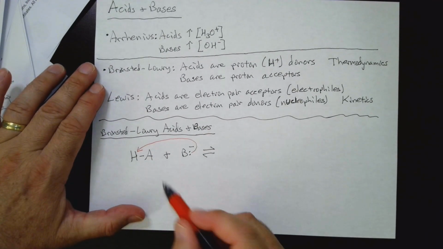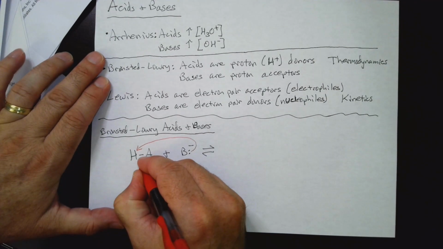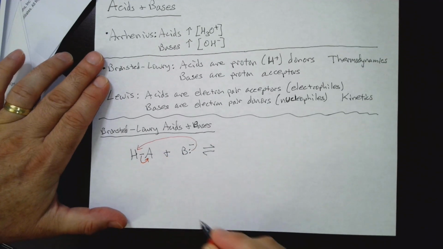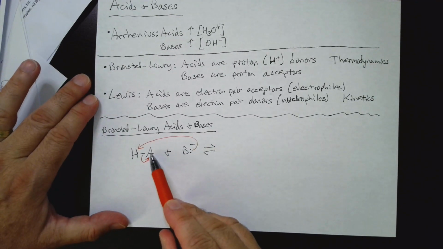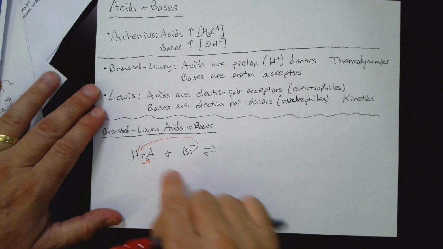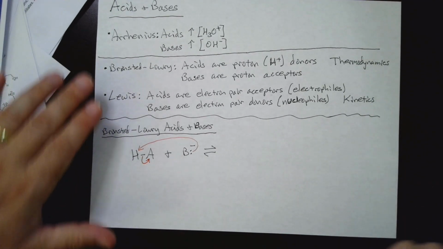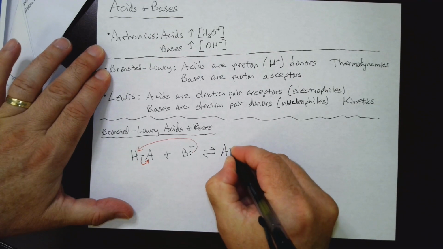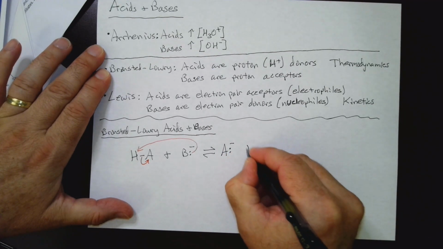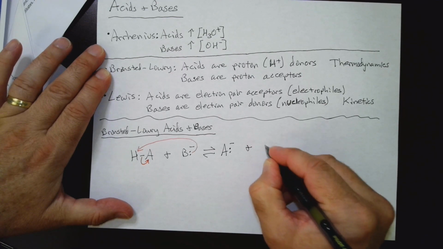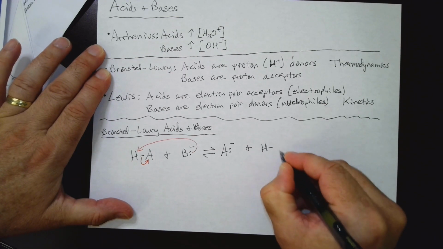That can accept the proton. And then this pair of electrons that used to form the HA bond, that bond breaks, and that pair of electrons goes on to the rest of what was the acid, A. And so we end up with A minus plus HB. I'll write HB here.